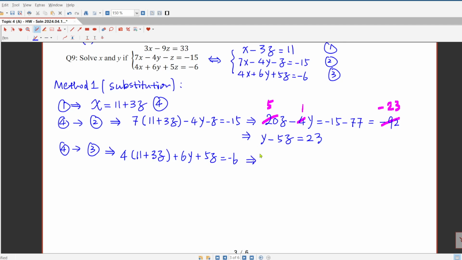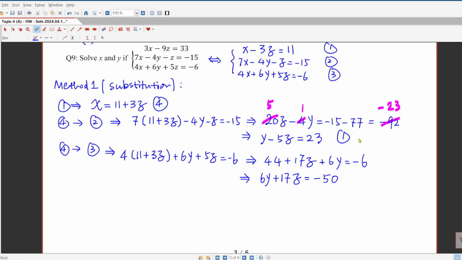And simplify this a little bit, which gives us 44 plus 12z. 12z plus 5z is 17z, right? And plus 6y equals negative 6, which can be simplified to 6y plus 17z equals negative 50, right?